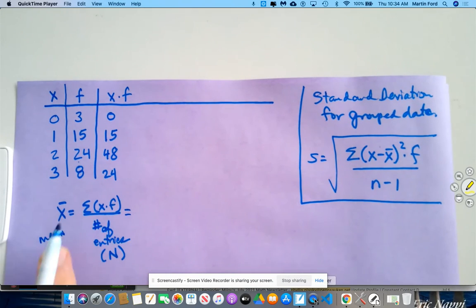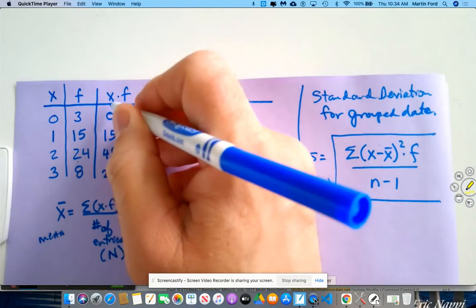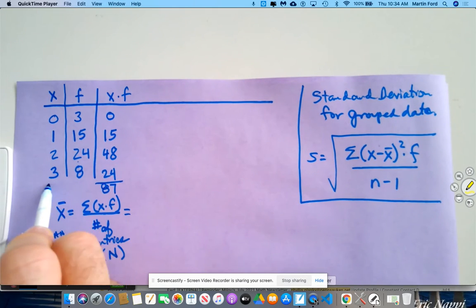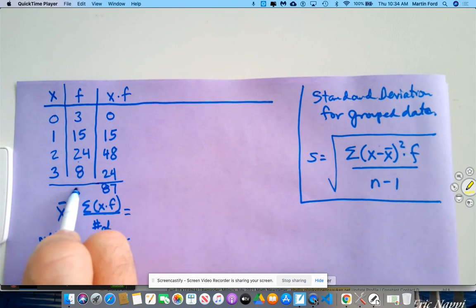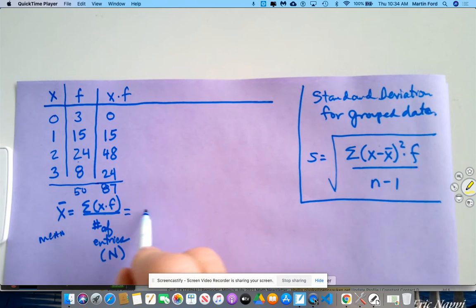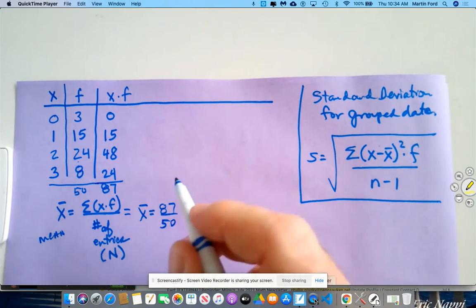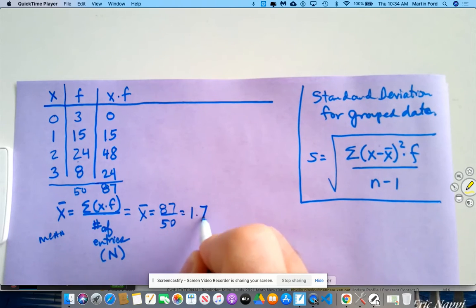To find the average, or the mean, we take the sum of this column, which comes out to be 87, and divide it by the sum of the frequencies, which was 50. So the average for our frequency distribution is 87 over 50, which is equal to 1.7.